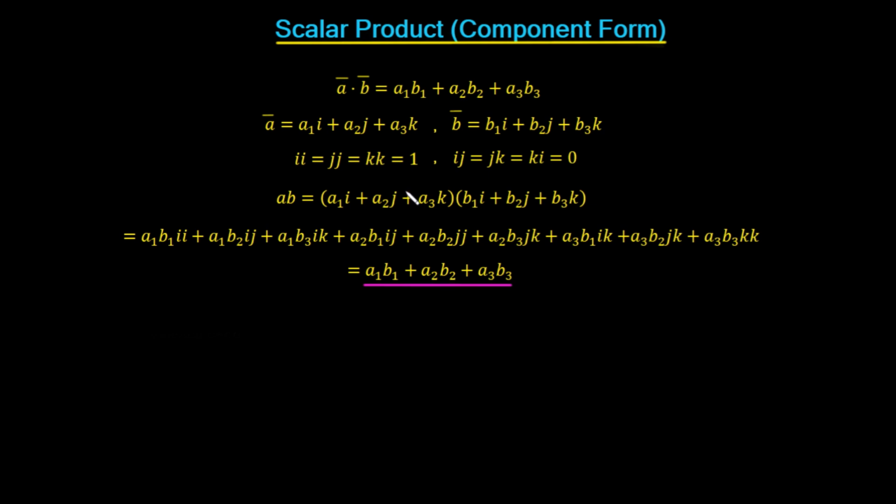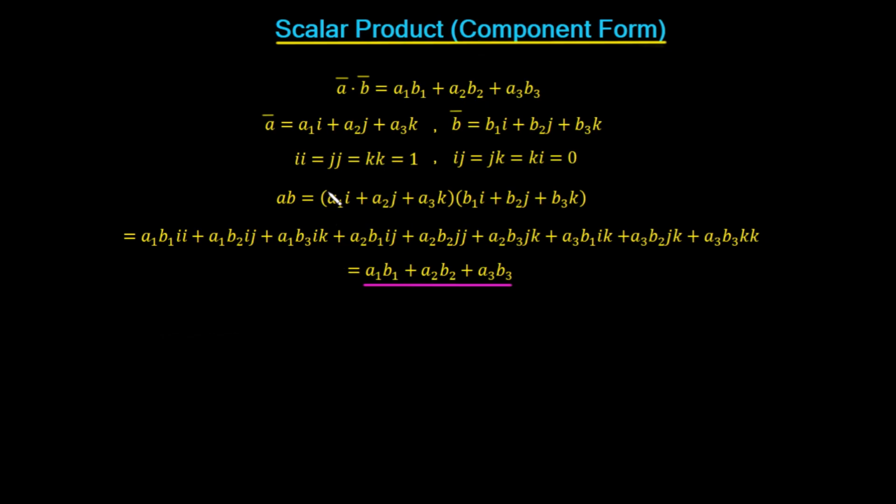Now let's say, for example, we were to just multiply these two vectors together component by component. So really what we're saying is we're going to have A1 in the i, A2 in the j, A3 in the k, and we're going to multiply these three together with these three. So again, we just use the normal multiplication.